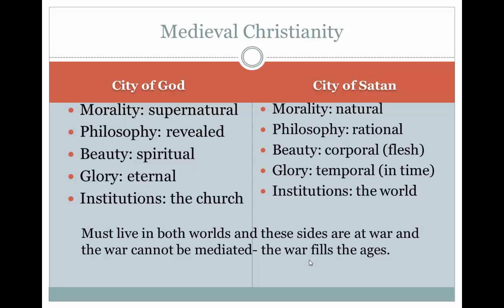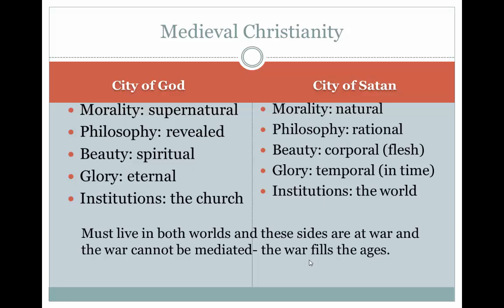The Puritans were medieval Christians, and essentially what this means is think about a stick figure being right in the center on this dotted line as who you are, and you are equally invested, and you cannot escape being part in the world and part in God's kingdom. So part in the city of God and part in this worldly city of Satan. And these two worlds are very different worlds.